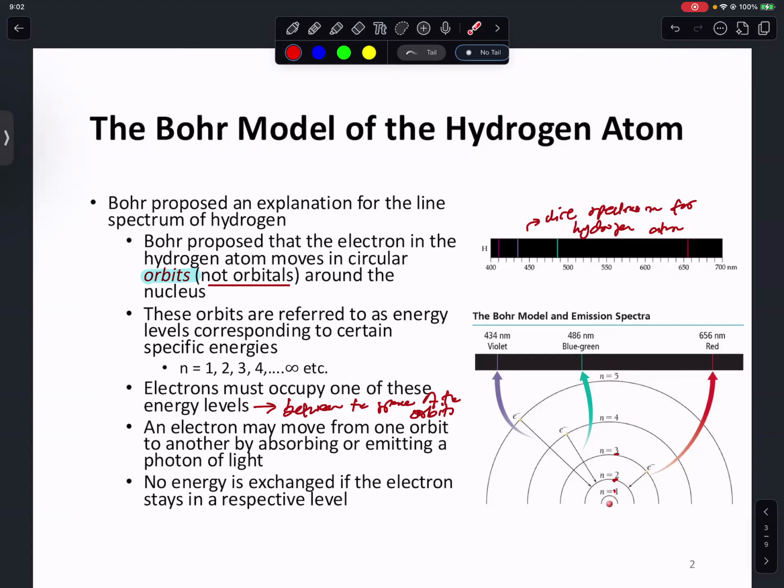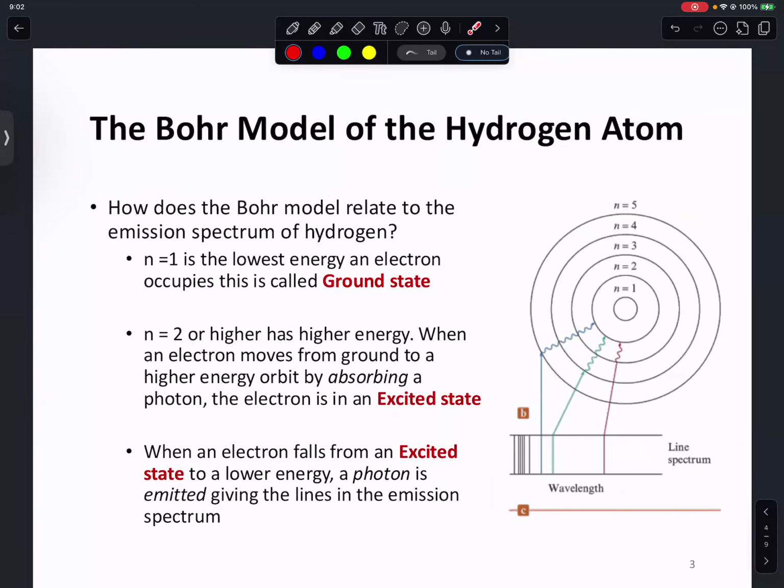And if the electron chooses to stay in the same orbit, there is no energy exchanged at all. Now, the Bohr model of the hydrogen atom, let's talk about how it relates to the emission spectrum and the line spectrum of hydrogen.